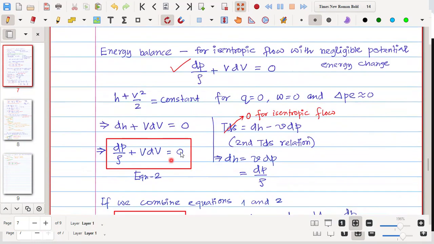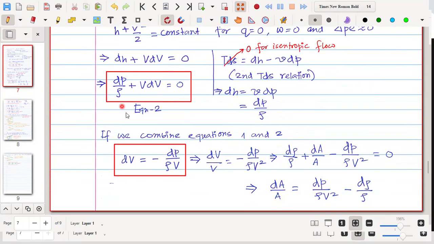Next, we have taken the energy conservation for the isentropic flow with no heat transfer, no work transfer, and no potential energy change. And we have got one relation between the pressure variation and the velocity variation.